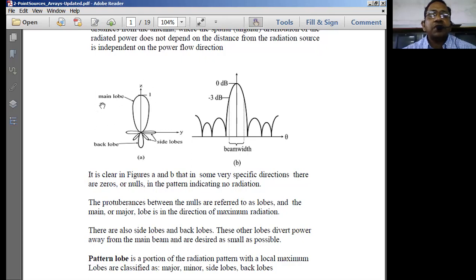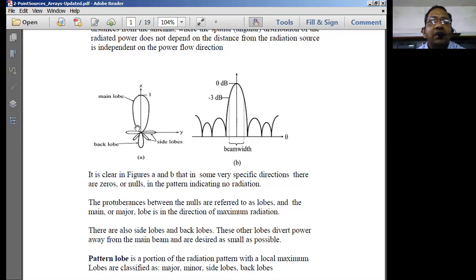Now, when we draw the same kind of radiation pattern on a flat surface with respect to angle theta, we have the spectrum over some angle theta. So when you draw it like this, we get this kind of spectrum, expanded on the theta axis.